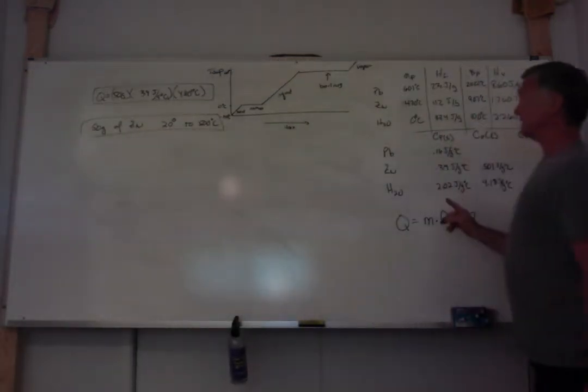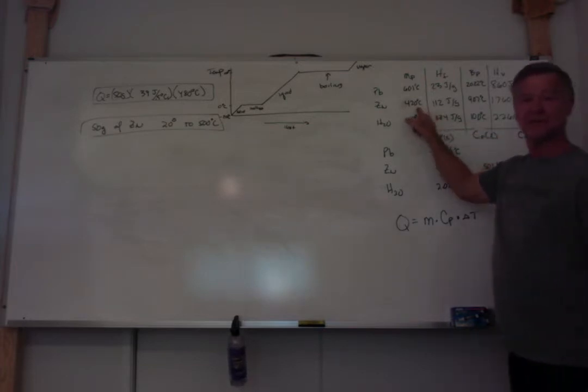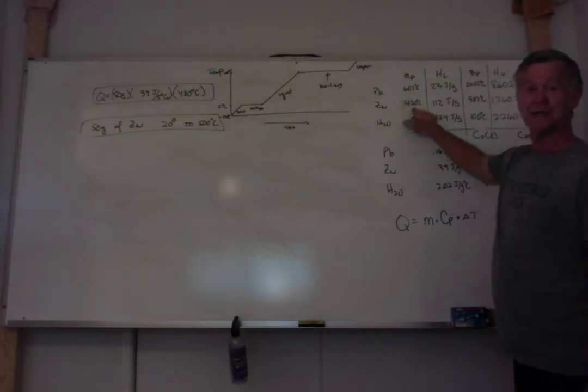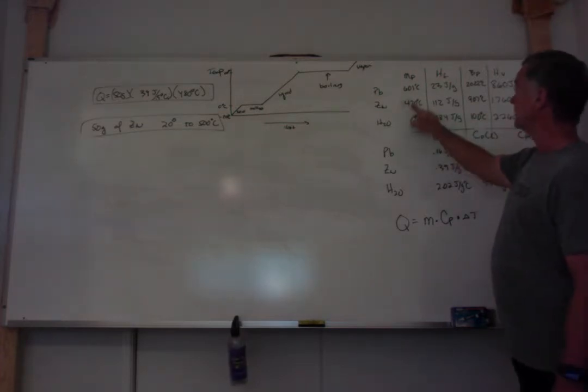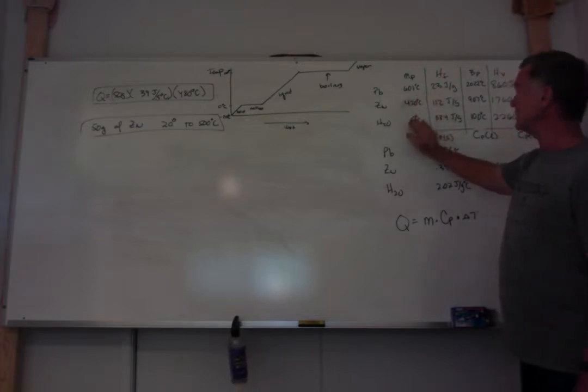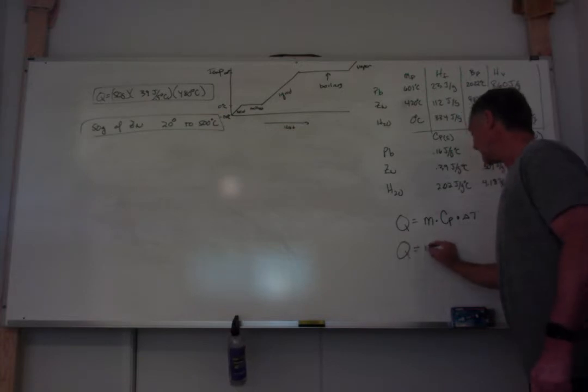Something important happens at 420 degrees, and this will be given to you as well. The melting point of zinc is 420 degrees. When it goes from at 420, we are going to have to go through a phase change, which we learned about last time. That would be Q is mass times heat of fusion.